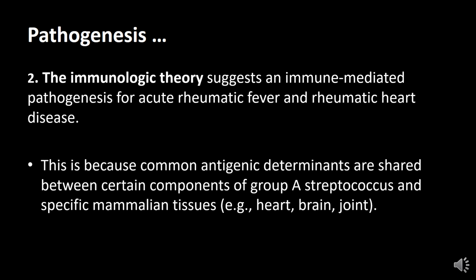When these antibodies are produced, they are supposed to be specific to the streptococcus. However, because of the close resemblance between the streptococcal antigenic material and the human tissue, then the antibodies end up destroying both the organism and also the human tissue. And that is the immunologic theory.